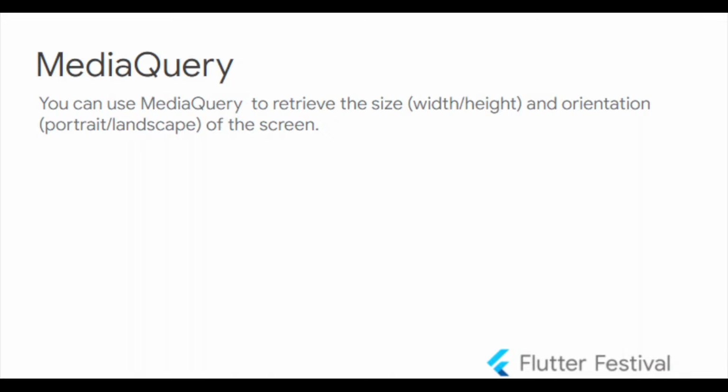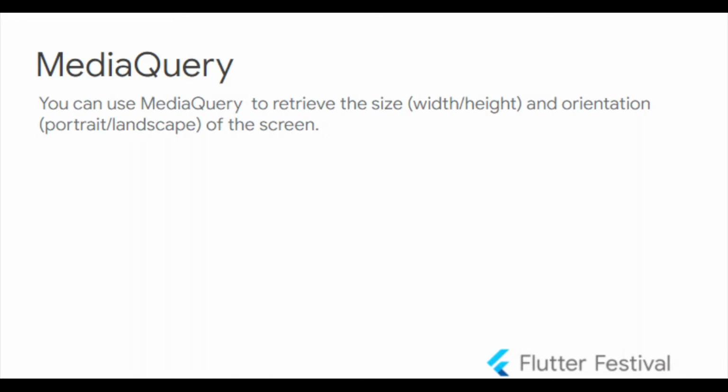So next comes MediaQuery. You can use MediaQuery to retrieve the size, in the sense of height or width of the widget, and the orientation, portrait or landscape, of the screen. Consider that you are building an application which has a different layout if the orientation of the screen is rotated and the height of the screen has changed.